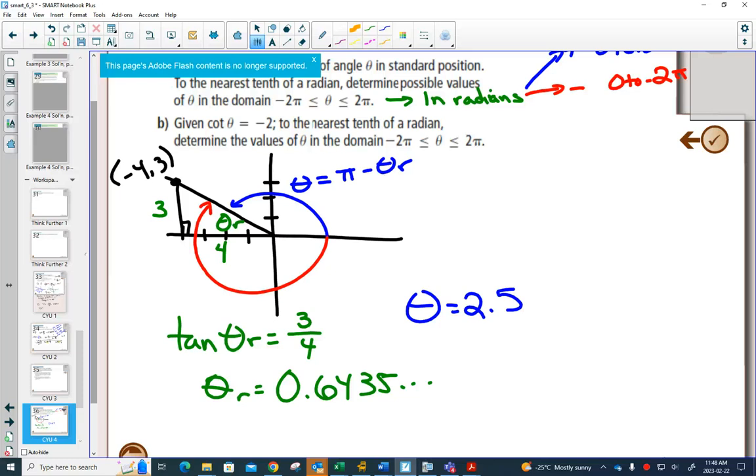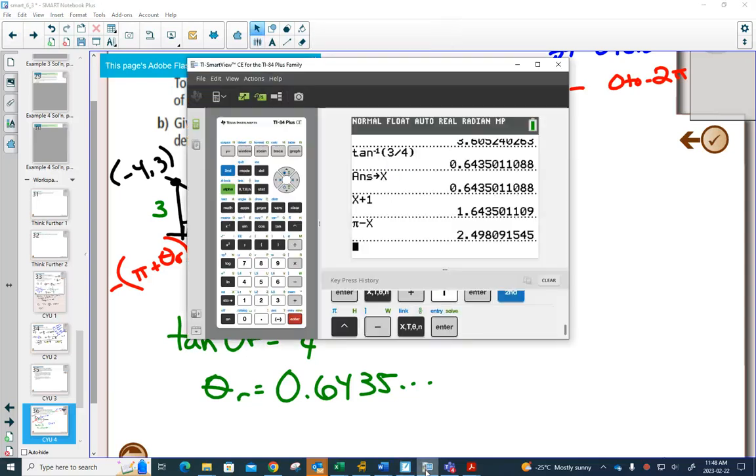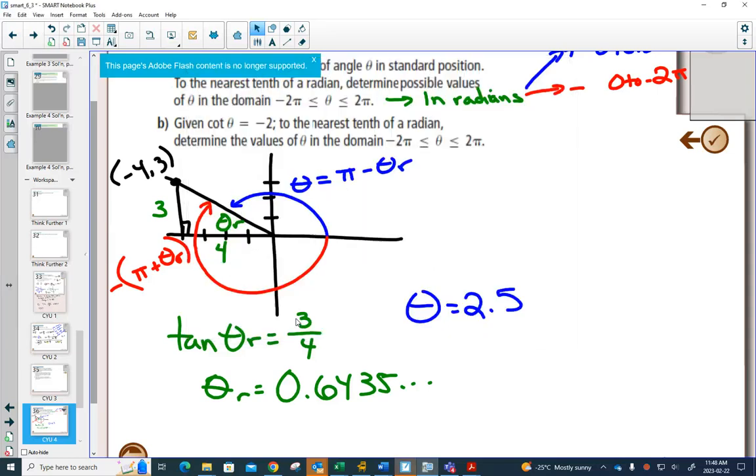I'm going to go halfway around, which is pi. I'm going to add my reference angle to get to here. Whatever answer I get, I'm going to put a negative in front of that. So I'm going to go to my calculator here. I'm going to take pi plus x, because that's my reference angle. I get 3.8. So this one will be negative 3.8.